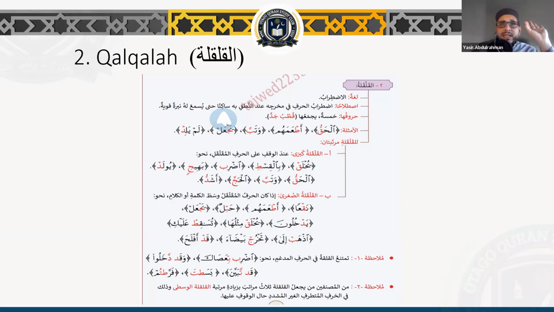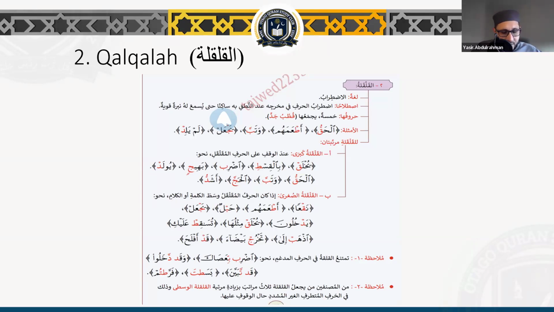But if you say ahad with extra sound, what happened is I kept the sound running even after I stopped, and then it became a hamza after that. Allahu samad. This is wrong, because after the qalqala, I kept the sound coming, and the sound became a hamza, which is not supposed to happen. It has to be Allahu samad. That's it. Okay, brothers?